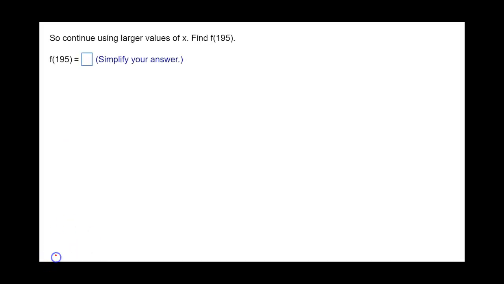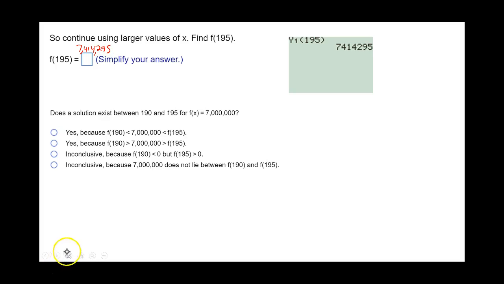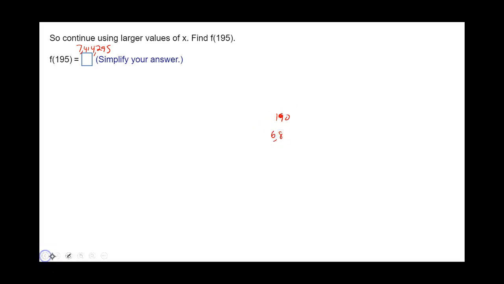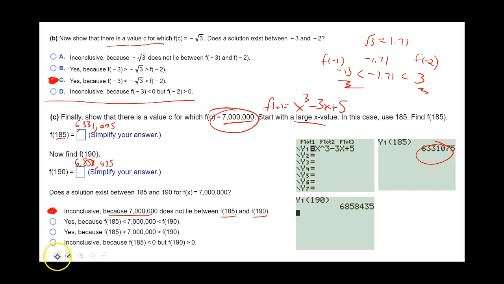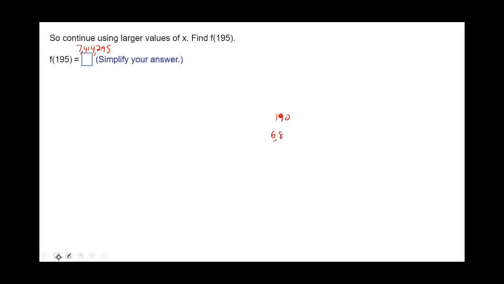Okay, and then they tell you, well, let's take another one. Let's take 195, go to the calculator, and that gives me 7,414,295. And remember that 190 gave 6,858,435.